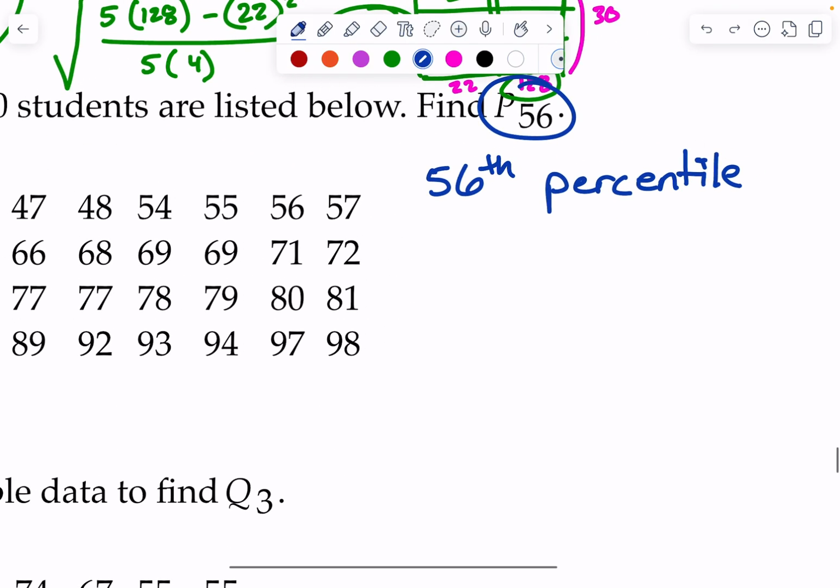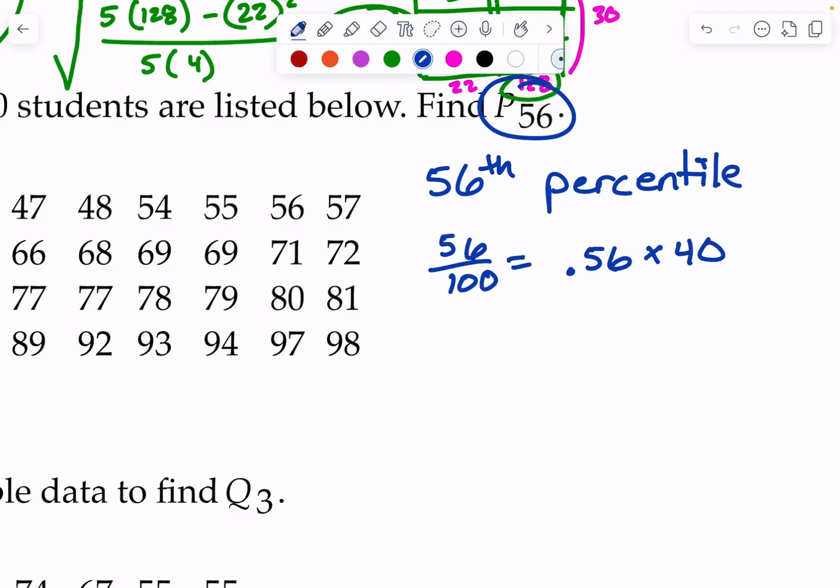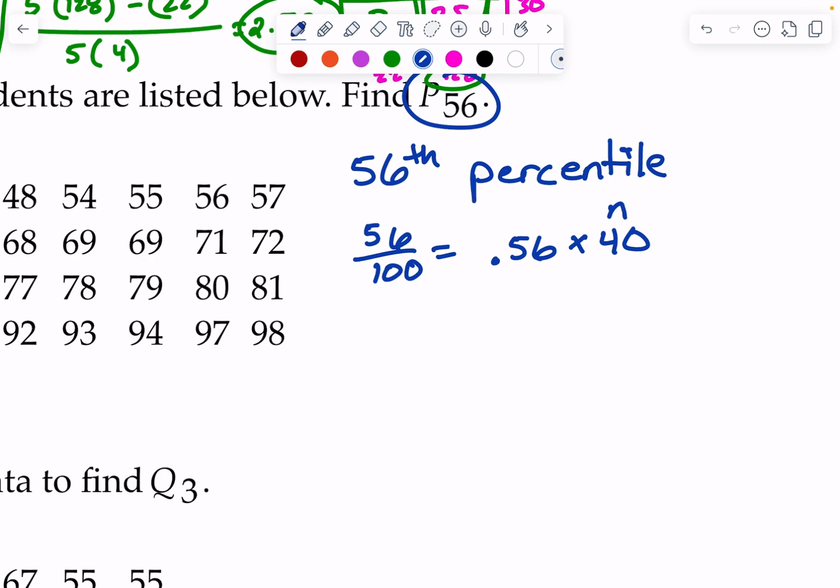We take that number, 56, and we divide by 100. That gives us 0.56, and then I'm going to multiply by n, the number of numbers that I have. Since I have 40 numbers, 0.56 times 40 ends up being 22.4.